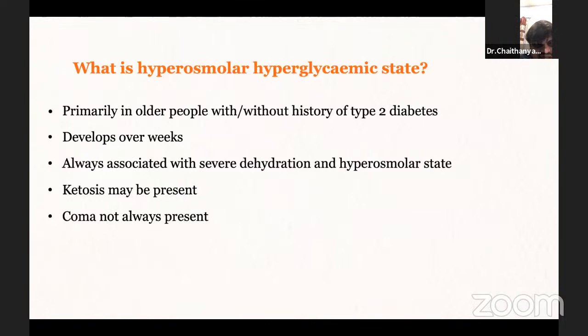It is usually seen in type 2 diabetes mellitus patients, especially elderly people who develop a heart attack, stroke, or pneumonia. The treatment almost remains the same: dehydration is corrected with rehydration, insulin administration, and treatment of electrolyte disturbance and acidosis. Next slide.